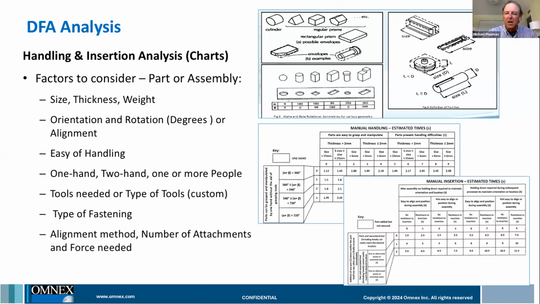Using an index to compare previous designs to current designs, and a concept known as an ideal number of components that an ideal part or subassembly would have, comparing these to each other to see, did I really make an improvement?